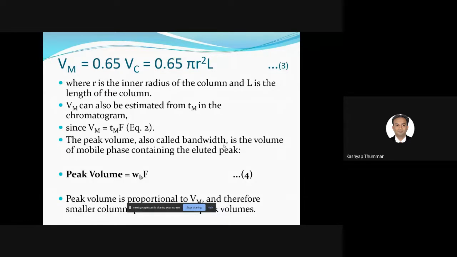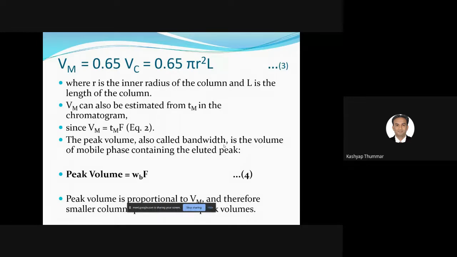So what is the column volume? To measure the column volume, there is an equation: Vm is equal to 0.65 into Vc, where Vc means the volume of the column. Simplifying, Vc is equal to pi r square L, so Vm is 0.65 pi r square L, where r is the inner radius of the column and L is the length of the column.